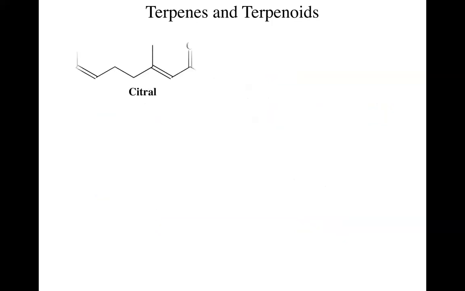Okay, so looking a little more carefully, citral. If I want to figure out how this has happened biologically, I just need to do a count. I have 1, 2, 3, 4, 5. 1, 2, 3, 4, 5. So 10 carbons. The plus signs equal the number of new bonds. So 5 plus 5 equals 10. 1 new bond.